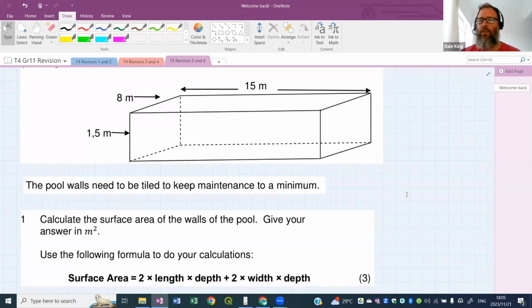When you're done, just put your answer online so we know when everyone's finished. Nice, easy one to start off with. Just substitute into the formula and get your answer out.